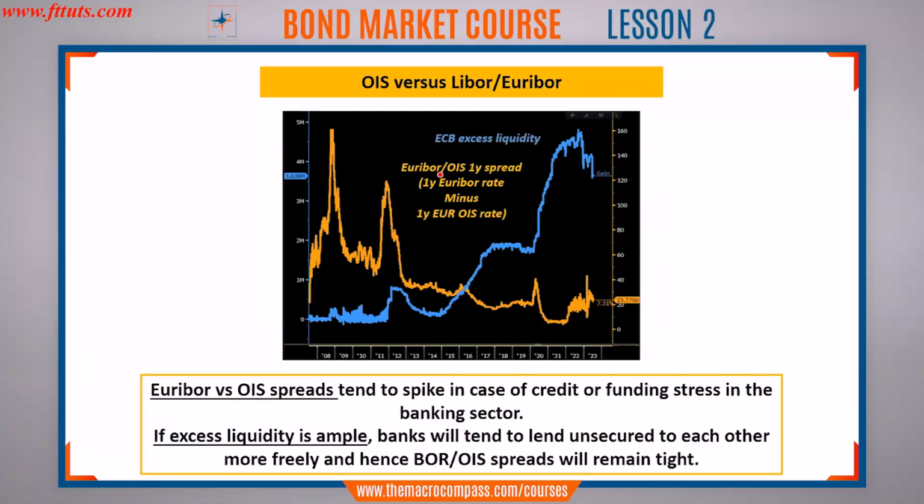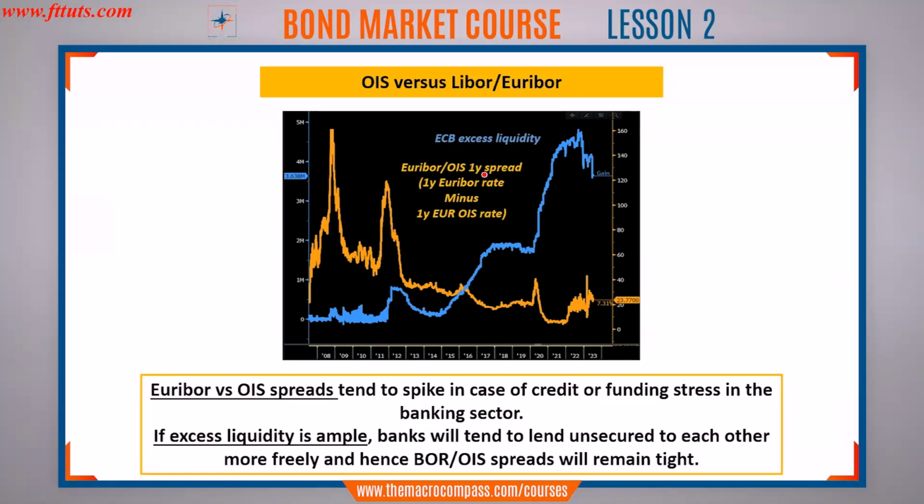Remember, the Euribor is the rate at which European banks lend unsecured to each other. Therefore, they take the risk of default on each other. Euribor rates, therefore, are higher than OIS rates because OIS rates are simply reflecting deposit rate at the European Central Bank priced over time.